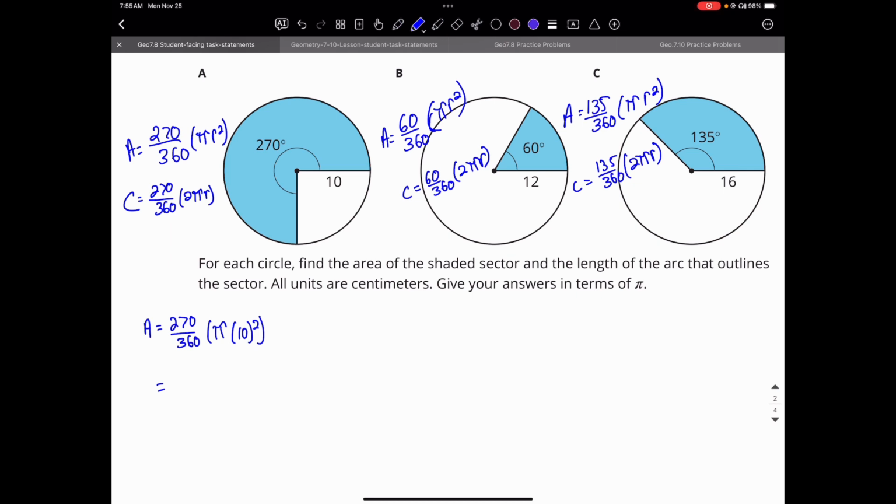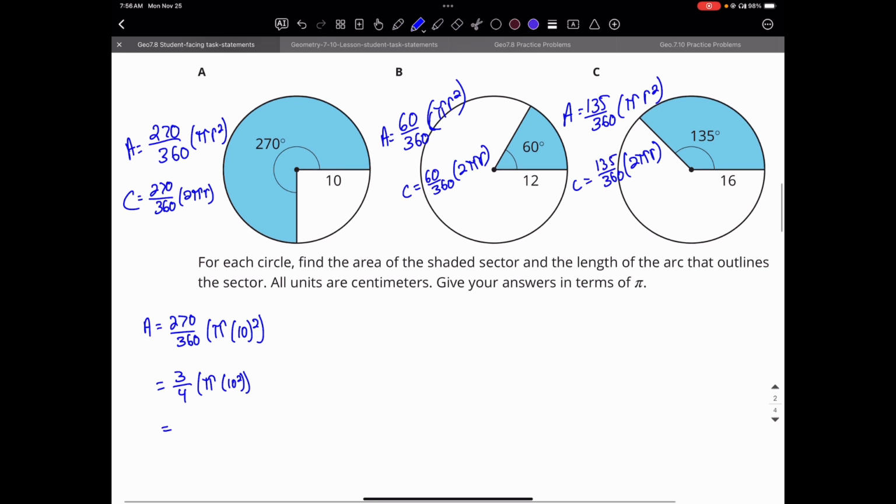So 270 over 360. I know this can simplify. They both have a factor of 90, so that becomes 3 over 4 times pi. All right, then we have our radius squared, so 10 squared.